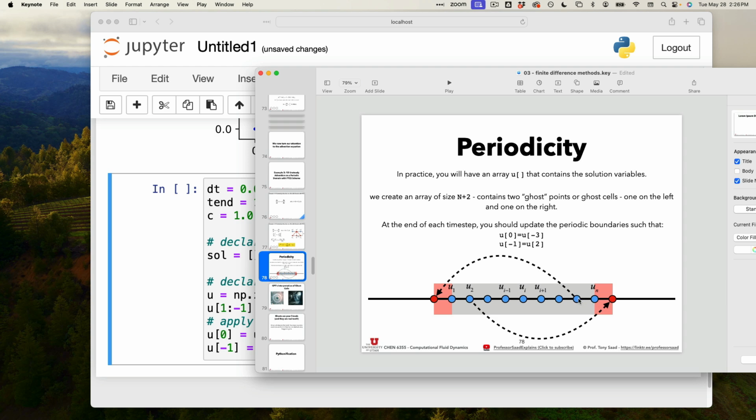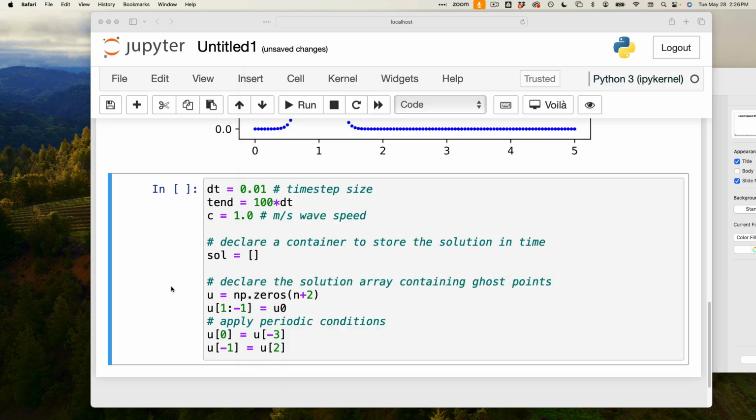Then I took relevant information and put it here in this ghost point, and this u2, and I put it here. Now these ghost points contain good information that would represent a true periodic solution, and that is going to be enough for my stencil. If my stencil was 10 points, I would need like 10 ghost points, right? And I would need to fill them with good information as well. So the same idea applies.